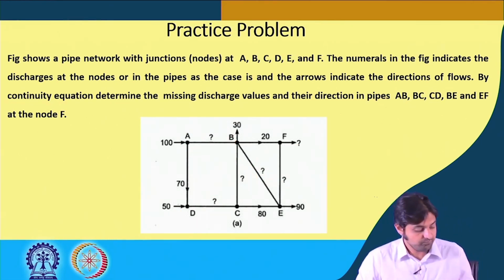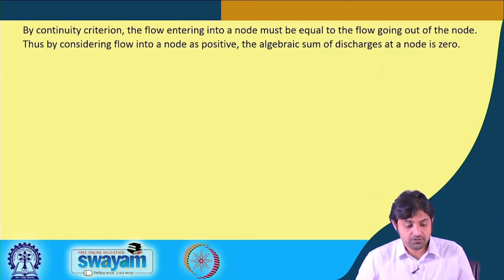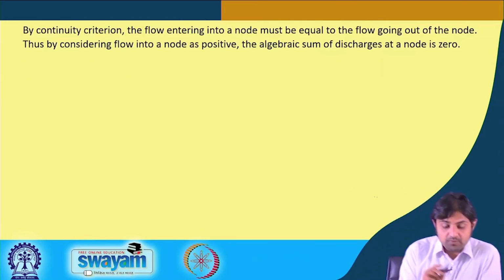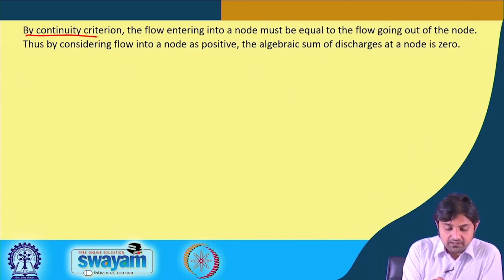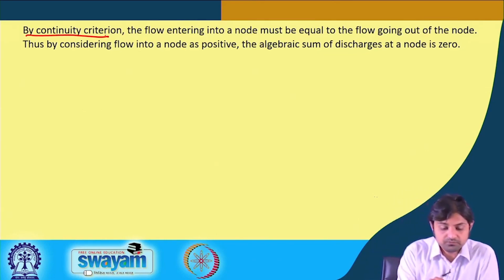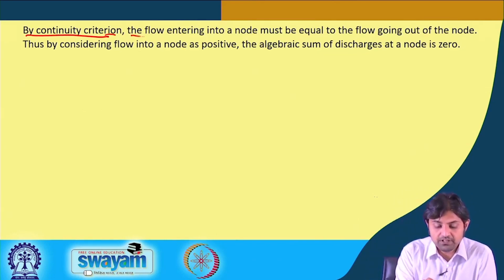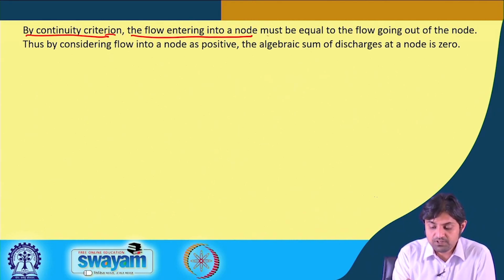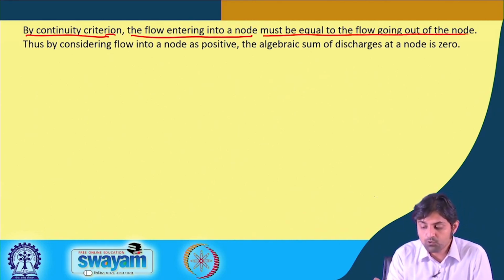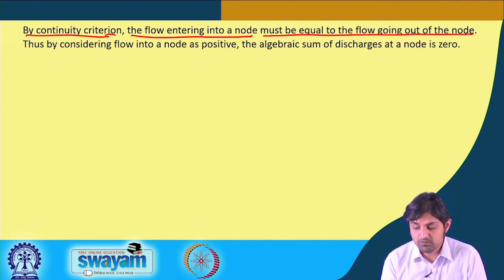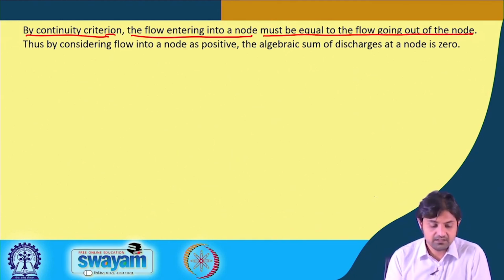All right, so we go to the solutions. By the continuity criterion, this is quite important, the flow entering into a node must be equal to the flow going out of the node, as the equation of continuity says.